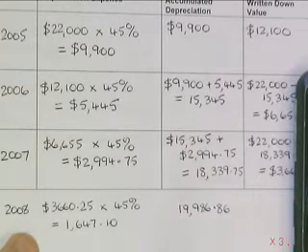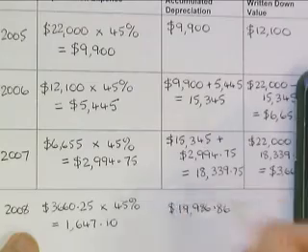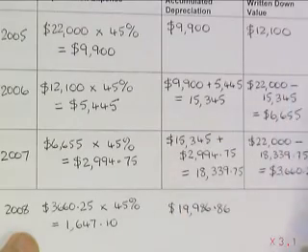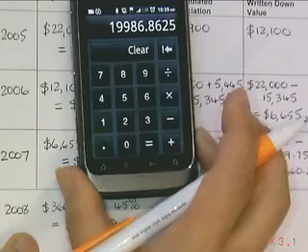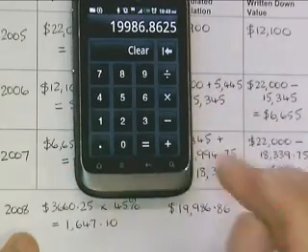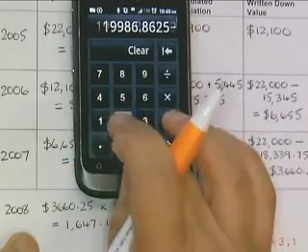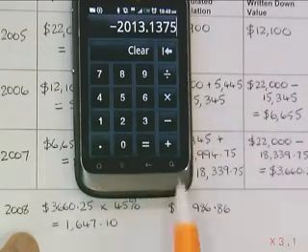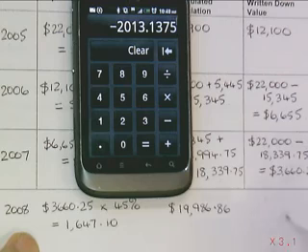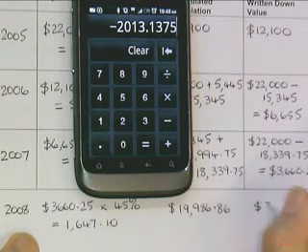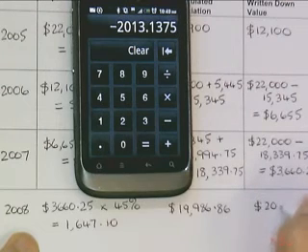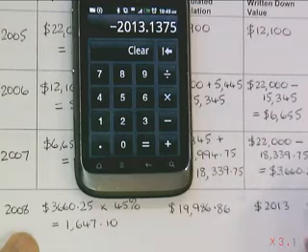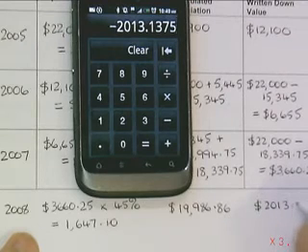So that's accumulated depreciation at the end of year 4, and our final written down value is going to be the difference between that figure and the original cost price, and that gives us $2,013.14.